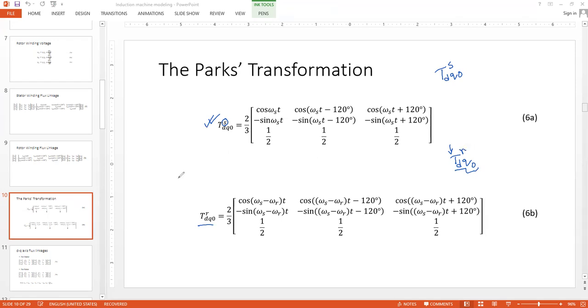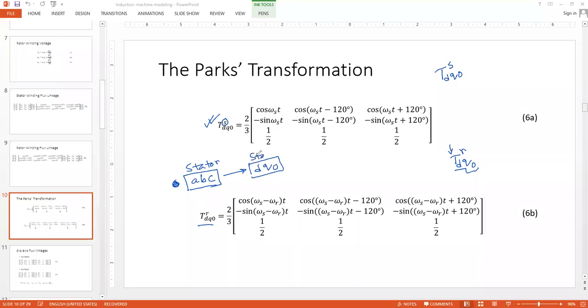So our initial frame of reference is ABC, the three-phase. From ABC, this is the stator because all are small letters. So this small abc represents the stator quantities. After transformation, we are going to get DQ0 stator.